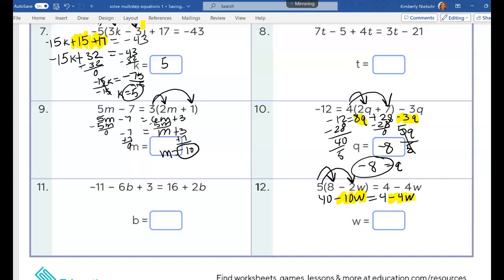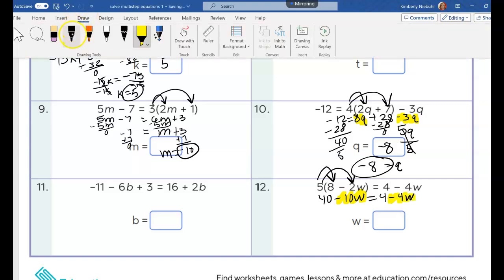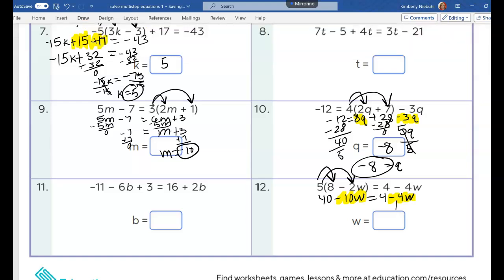So I'm going to make this positive 4w, which is going to give us 0, positive 4w, 4, 5, 6, 7, 8, 9, 10, negative 10w, no, 6, negative 6w. 6w.